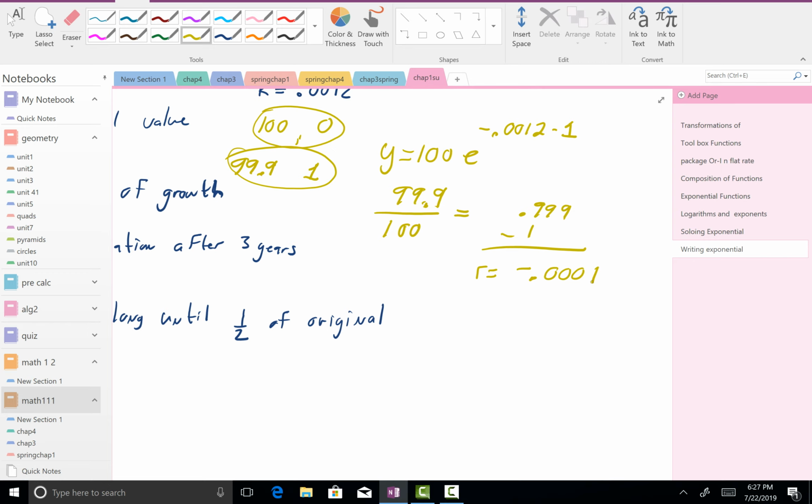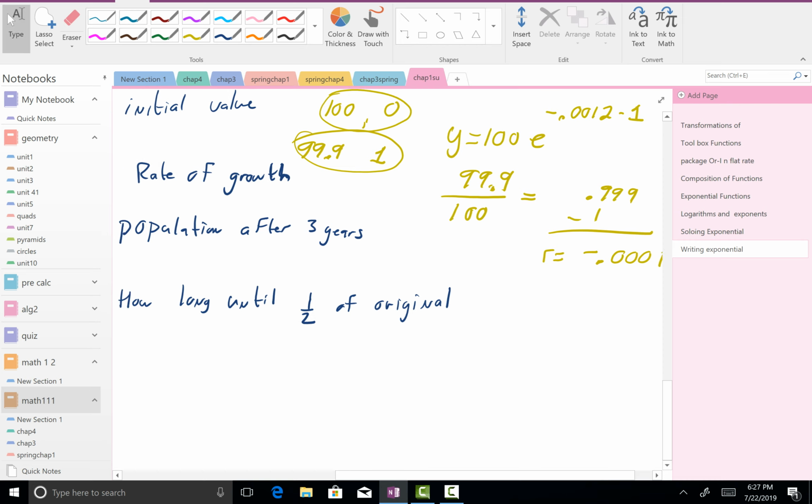All right. Let's see what happens after 3 years. So, what do we do to figure that out? Yeah, just plug that in, right? Okay, put that in there.